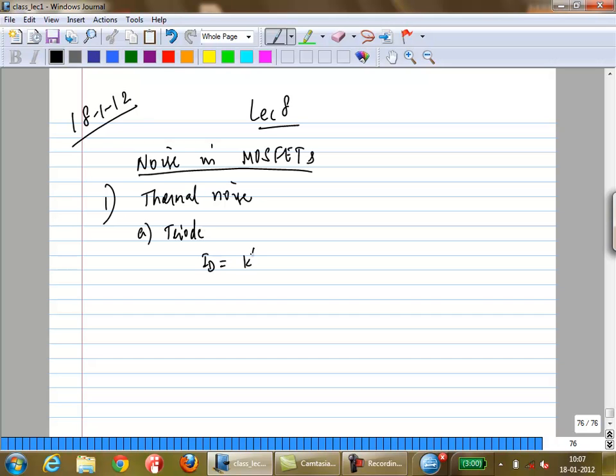So if you write the equation of the transistor in triode region, we can find out the impedance of the MOSFET in triode region, which is ∂ID over ∂VDS. What is this?